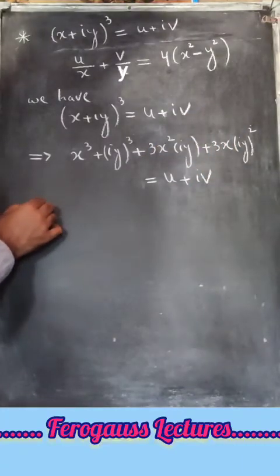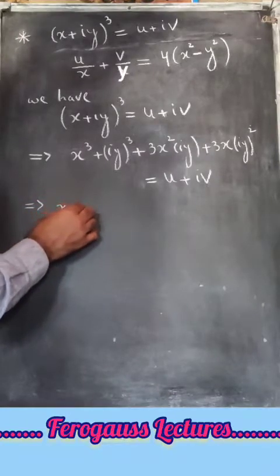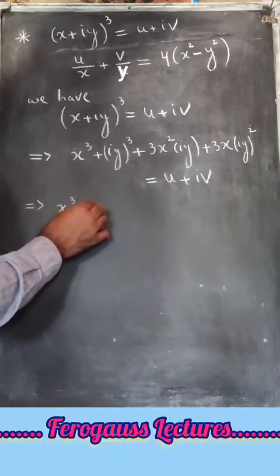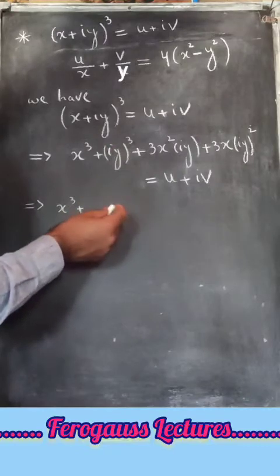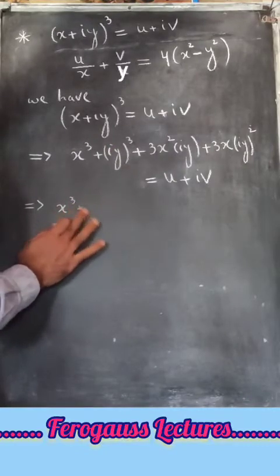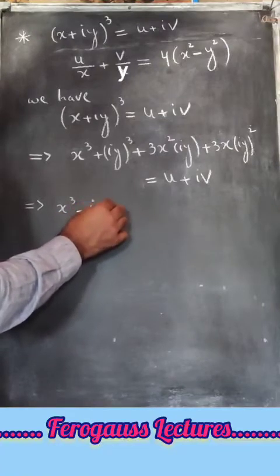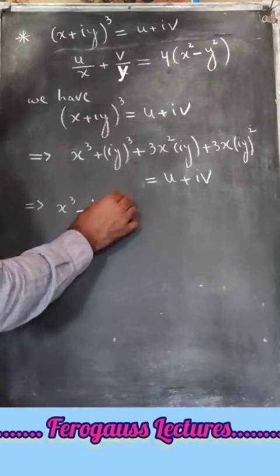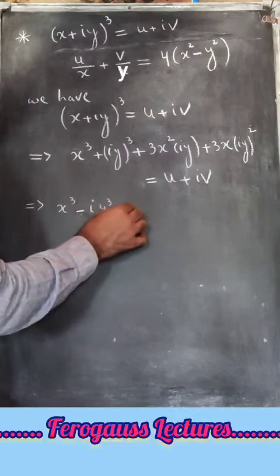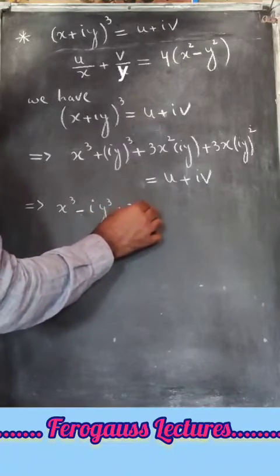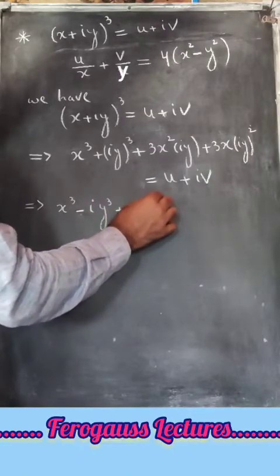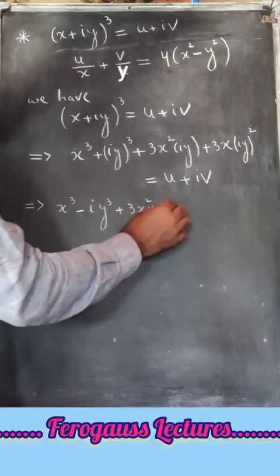Or we can write it as x cube plus iota cube. Iota cube is equal to minus iota, so here we can write minus times iota y cube plus 3x square y iota.